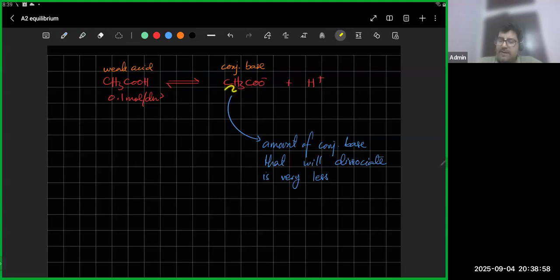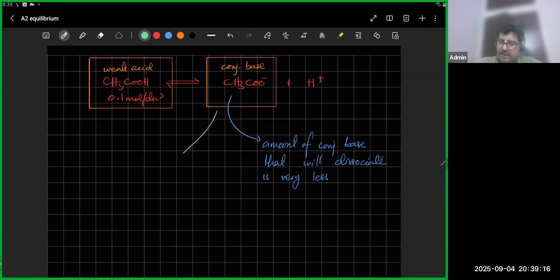So what needs to happen is that you need to add a mixture, right? I mean, these are already there. So you need to add an extra amount of ethanoate ions into the mixture. So how do you do that? Extra ethanoate ions are added by adding a salt.